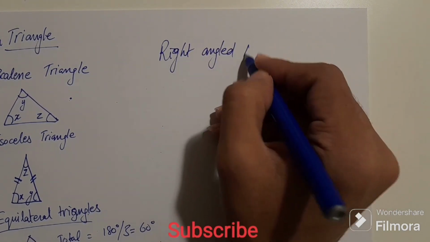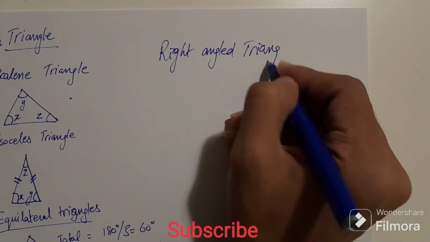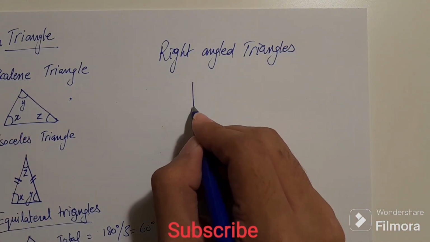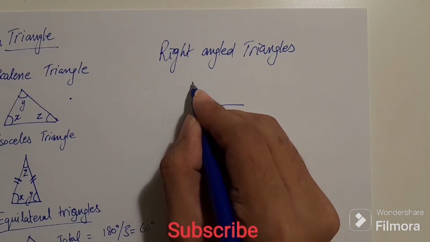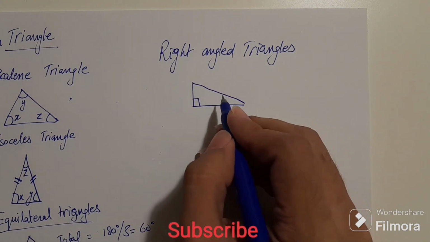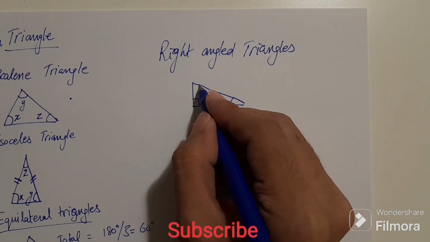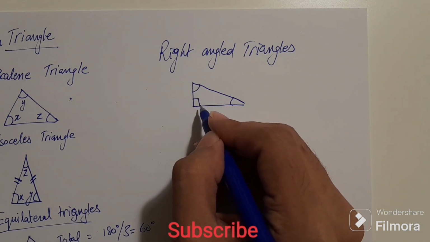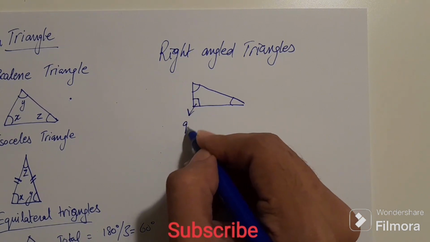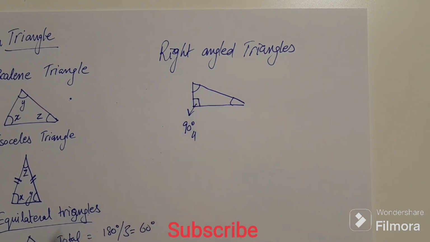Right angled triangles mean when one of the angles is 90 degrees and the other two are less than 90 degrees. So two angles will be acute and one angle will be 90 degrees. So this will be referred to as 90 degrees. So this is about the right angled triangle.